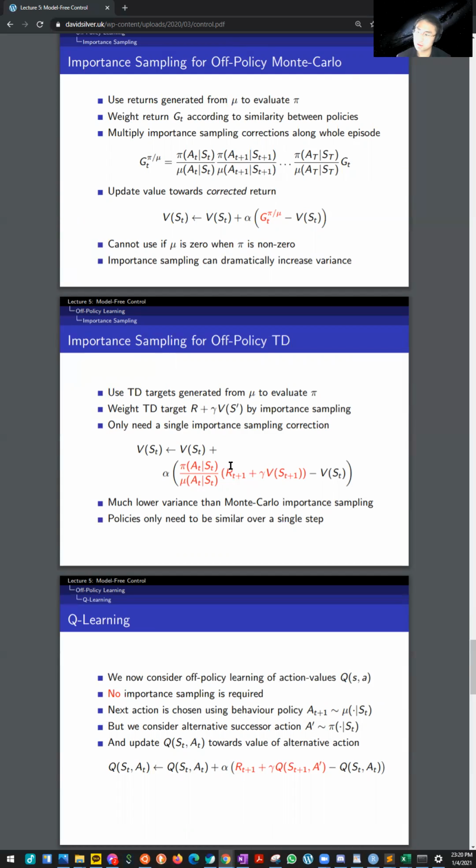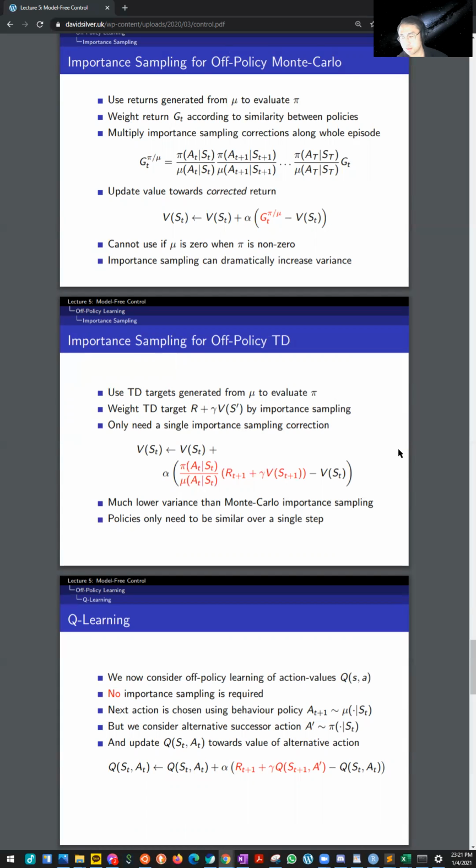So if you see this Bellman equation, everything except this importance term is the same as the previous temporal difference learning setting for the state value function. So the Bellman target is still the same.